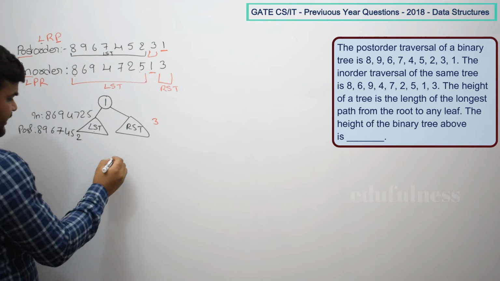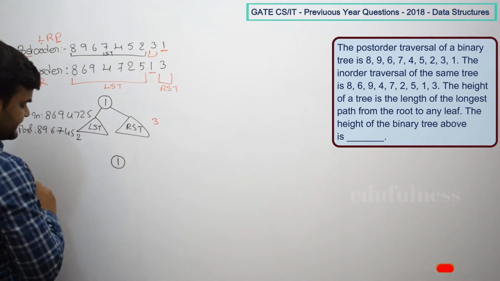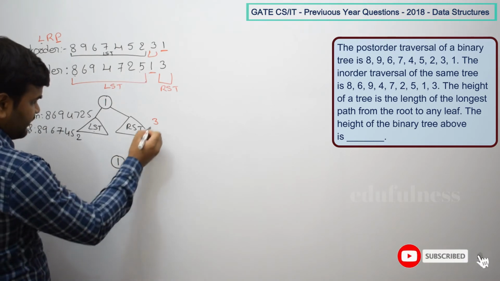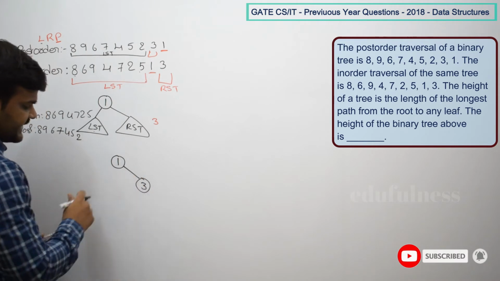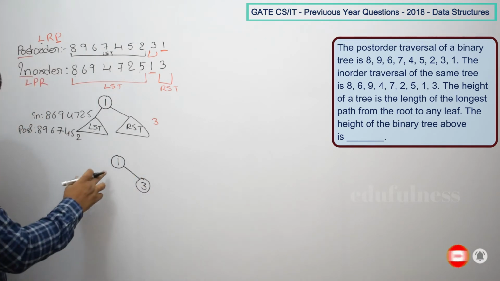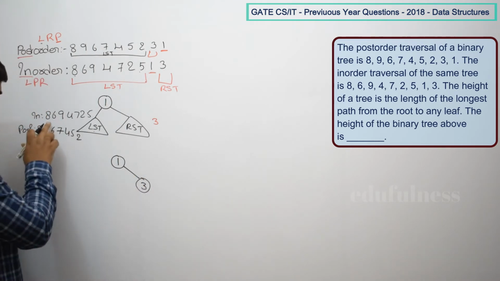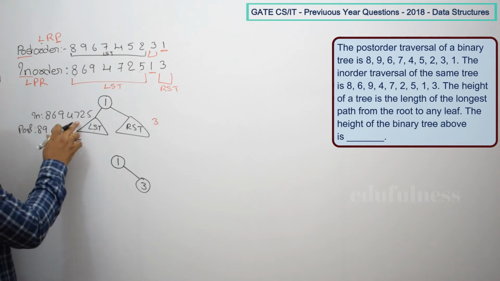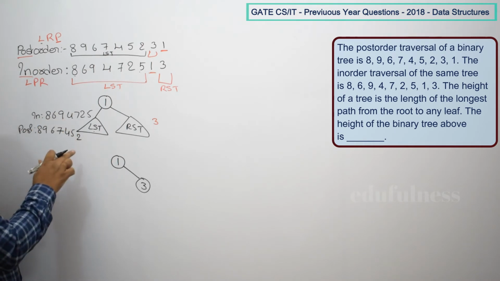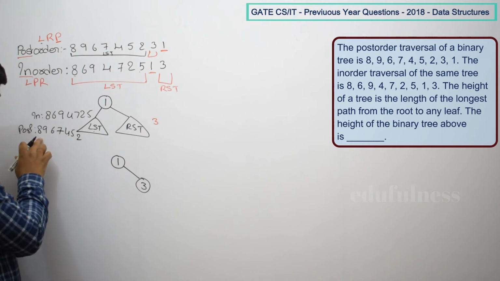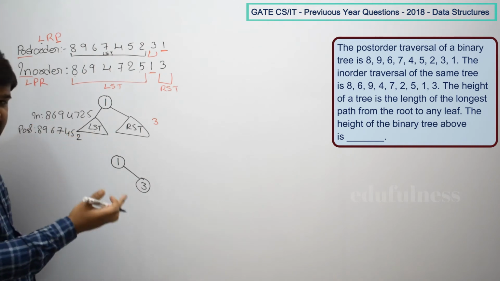Now 1 is already decided. 3 is only one node, so you can take that directly as the right child. Now what about the left child? From this you can get it, because these two sequences are the corresponding in order and post order for this left subtree.